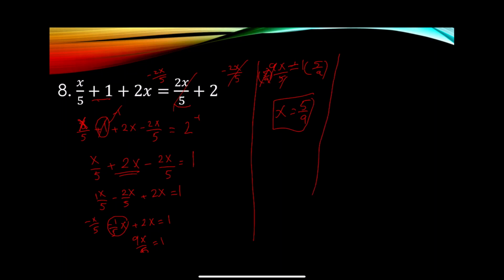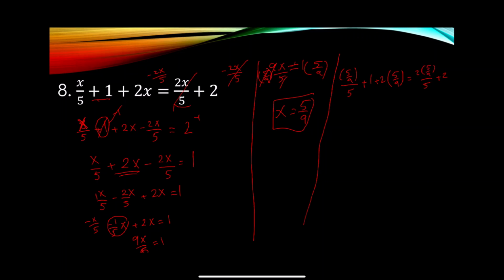Let's check our answer now. So instead of x, I'll put a bracket over 5 plus 1 plus 2 times a bracket, equal 2 times a bracket over 5 plus 2. Now plug in 5 over 9.